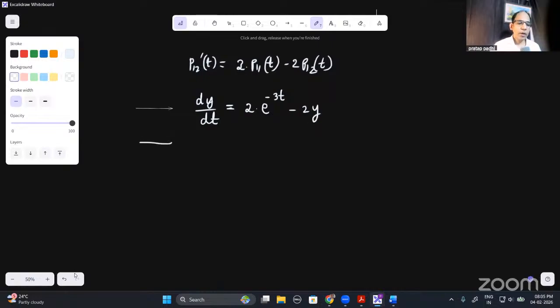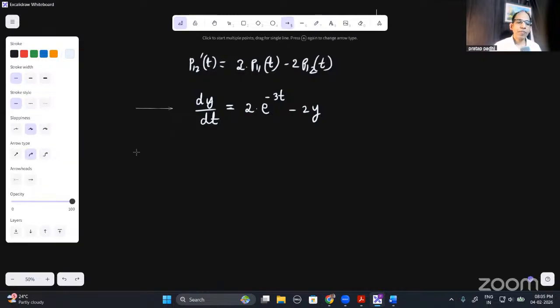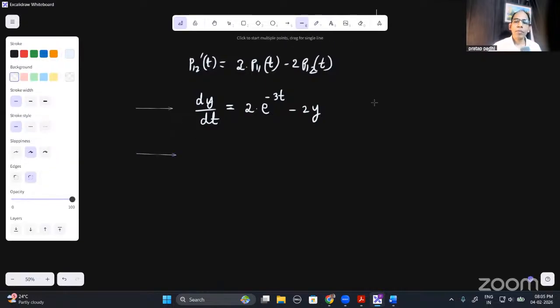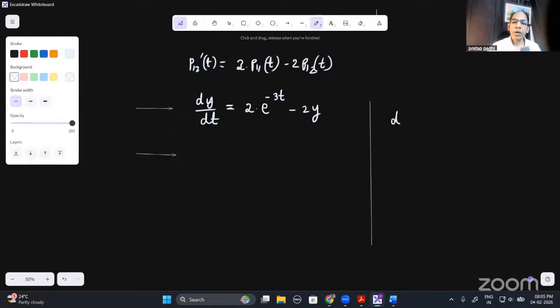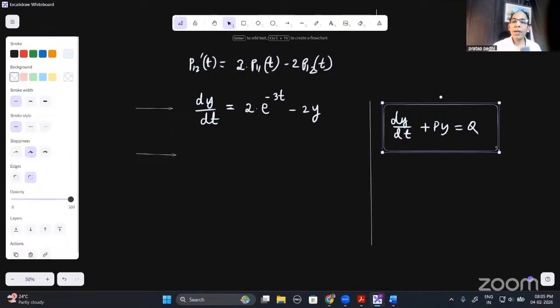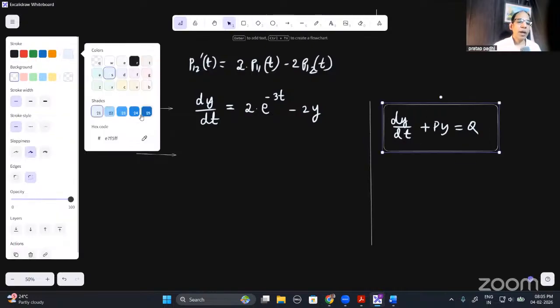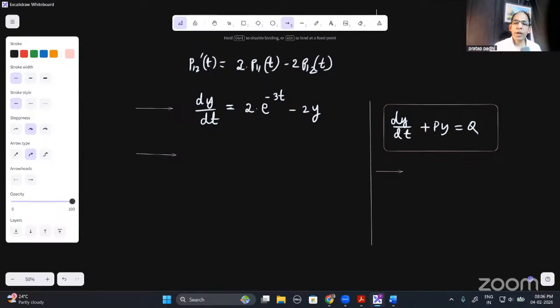So when you solve a differential equation like this, remember the formula: dy divided by dx or dt, whatever, plus py is equal to q. This is the general form of a linear differential equation. If you don't know linear differential equations, then you should remember this. This is a linear differential equation.